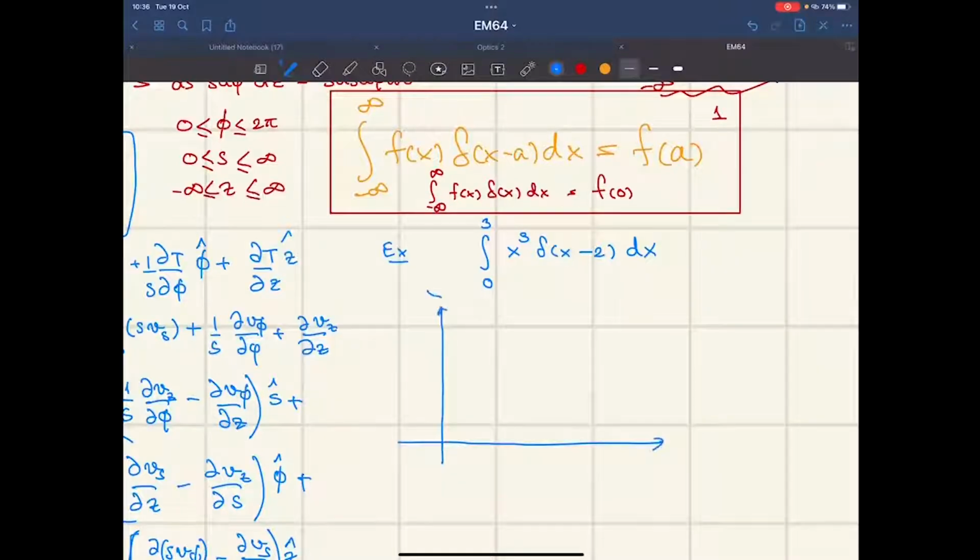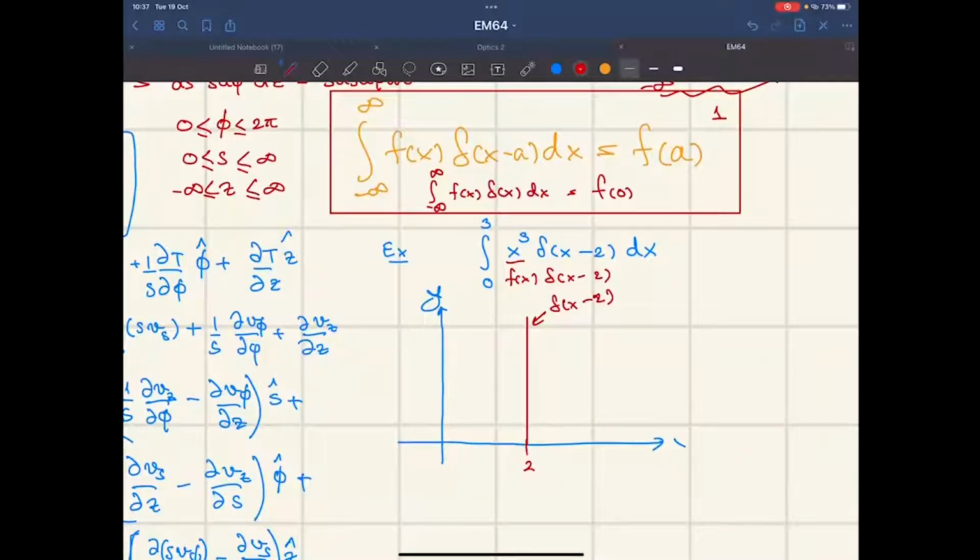This is the x axis here, and this is y. The Dirac delta function at x equal to 2 is here. Any question? Is that clear? Now, what is x to the third? This one is f(x), and what is our f(x)?